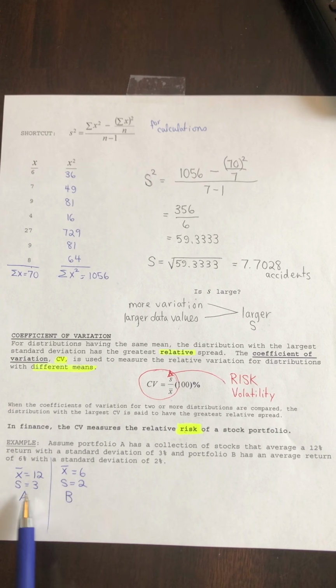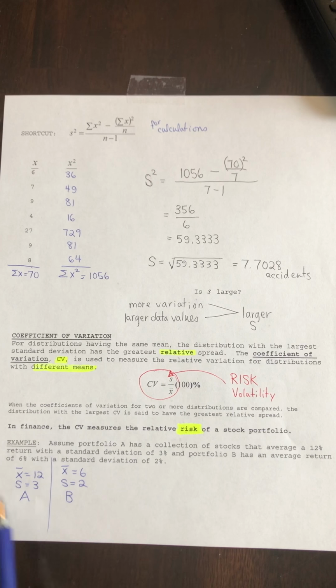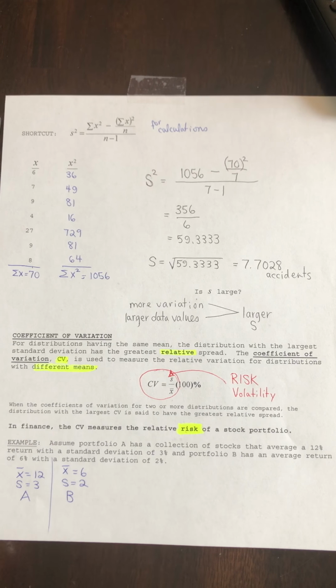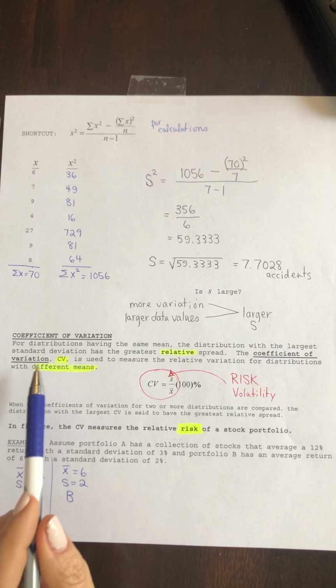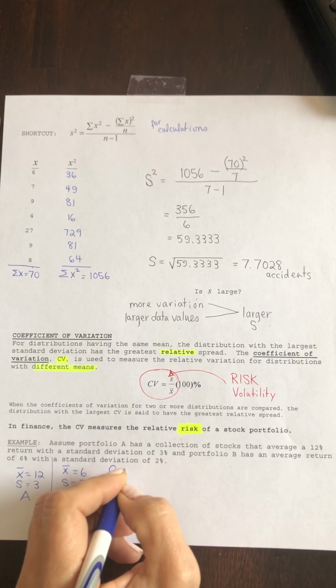So when you're looking at A and B, it looks like A is riskier, but you really shouldn't be comparing these because the means are different. And when the means are different, it means the scale of these values is different. So we should actually be calculating their coefficient of variation. We want to compute the CV values.